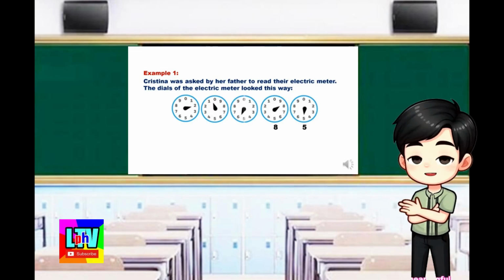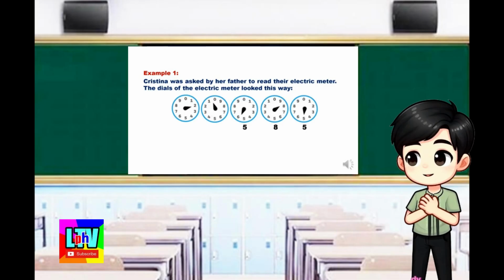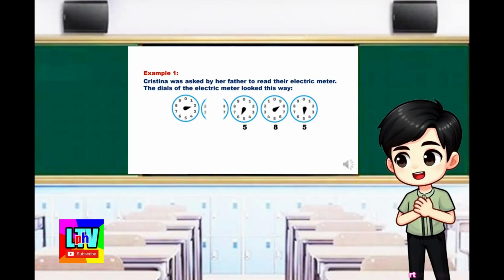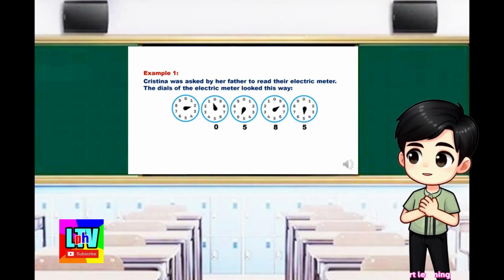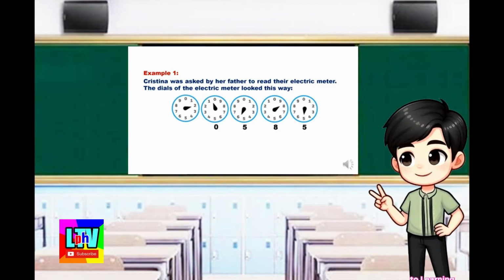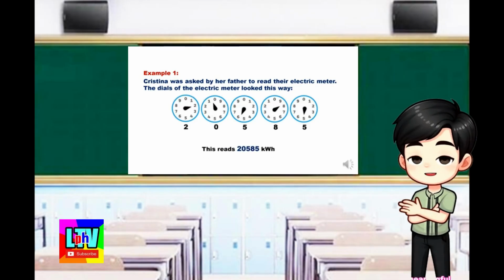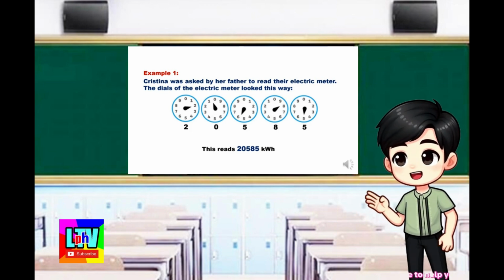The third dial is between 5 and 6, and that is 5. The fourth dial is between 0 and 1, so this is 0. And the fifth dial is 2. This reads 20,585 kilowatt-hour.